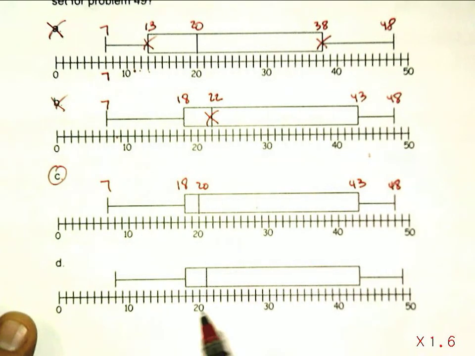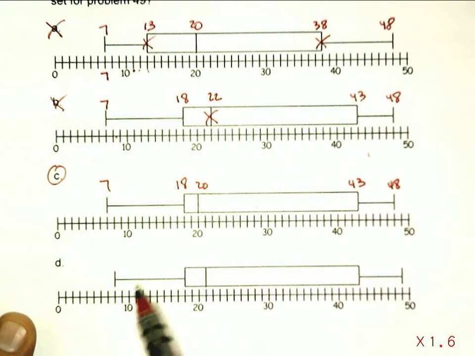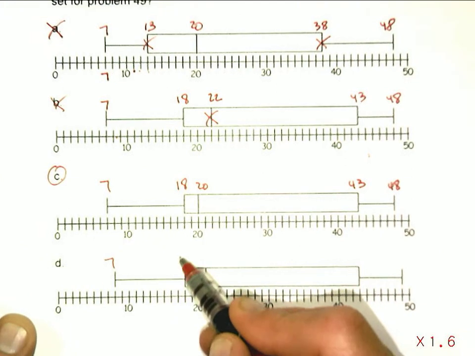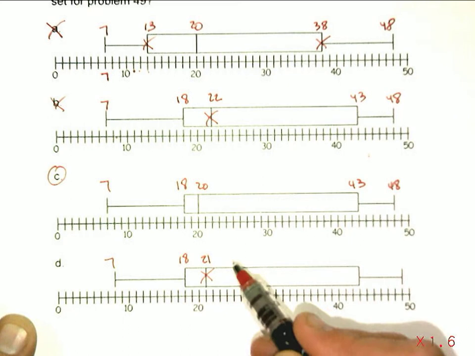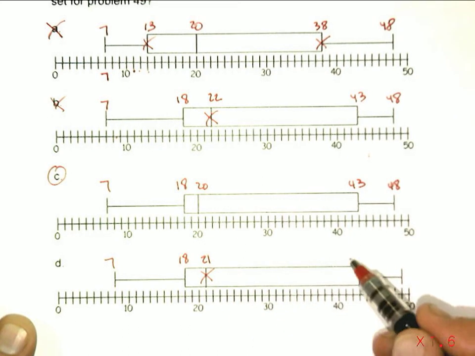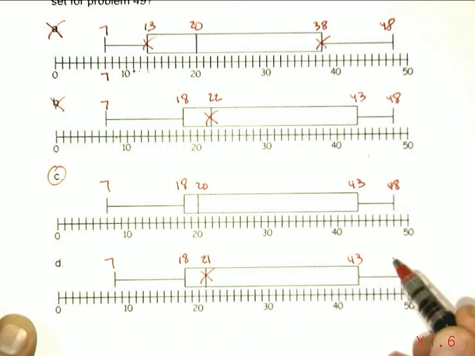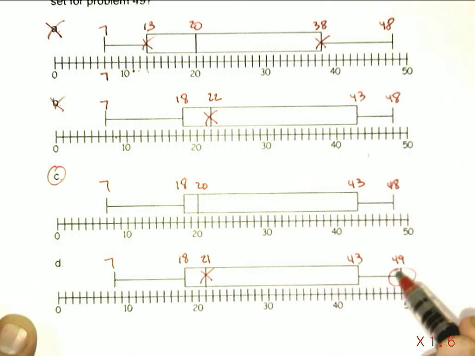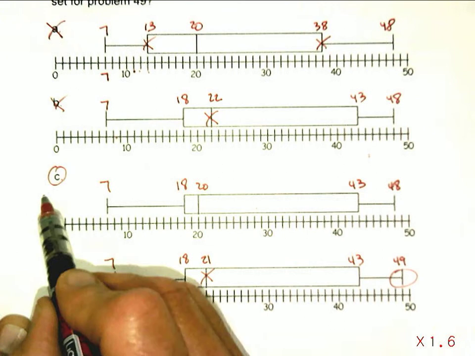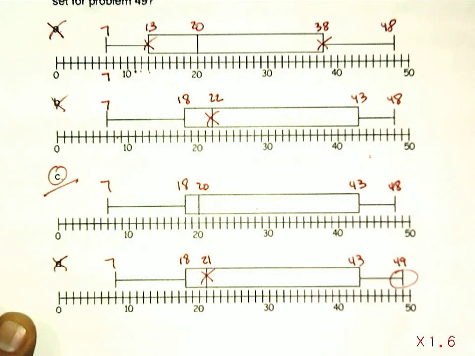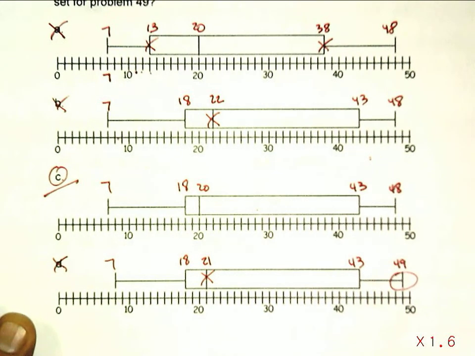And so the only thing wrong with choice D, we had 7, 18, and then 21 for the median. So that's the part that's wrong on this one. And 43 and 49, 2 parts that were wrong. So we had the maximum incorrect, so that one doesn't work either. So the correct answer choice on number 53 is C.